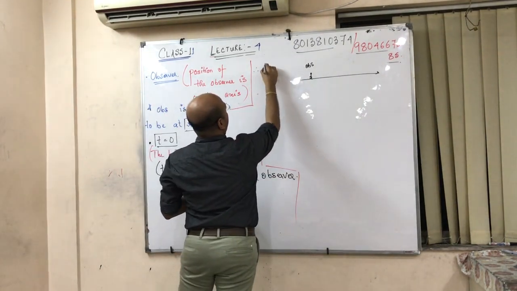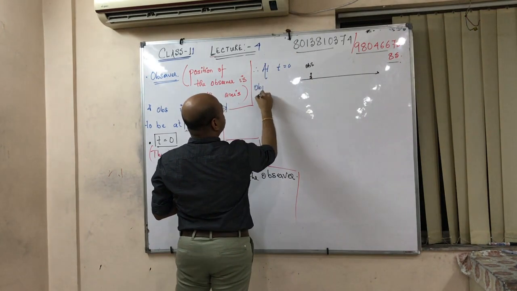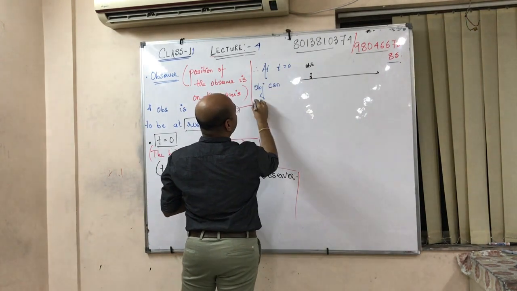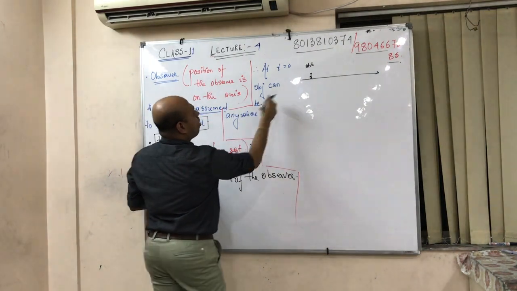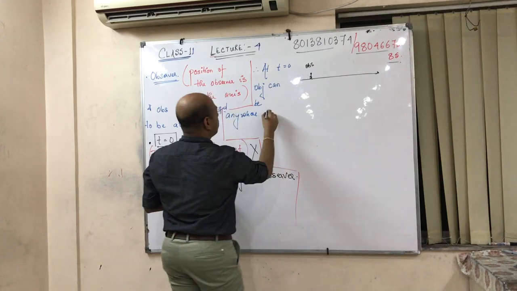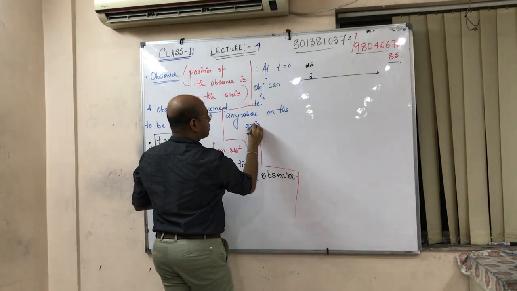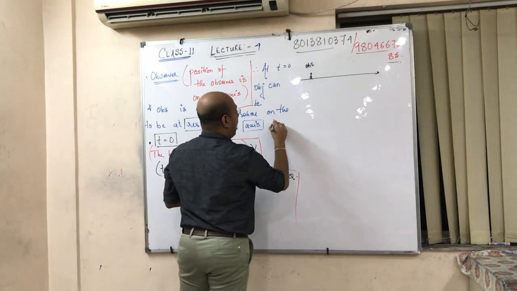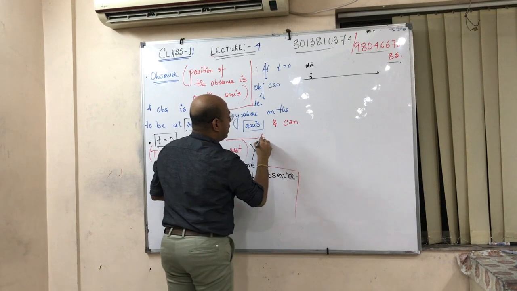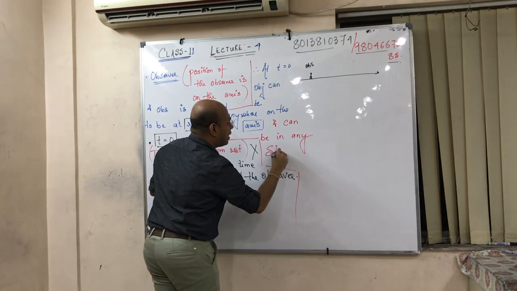So at t equal to 0, the object can be anywhere on the axis, and can be in any state.